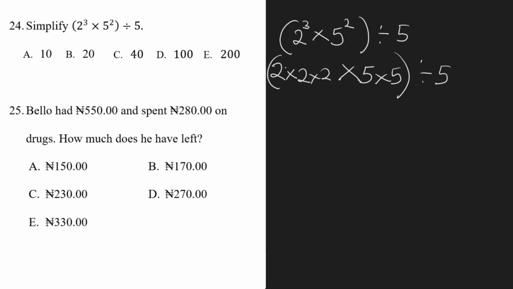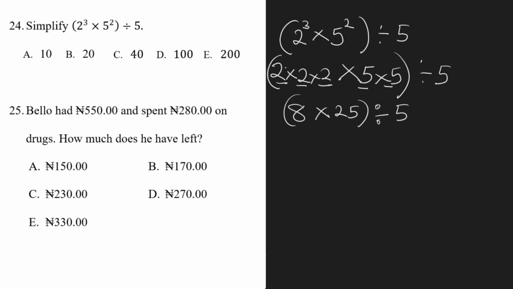Right? So now 2 times 2 is 4. 4 times 2 is 8. So we have 8 times 5 times 5 is 25. So we have 25. Divide by 5. So 8 times 25.